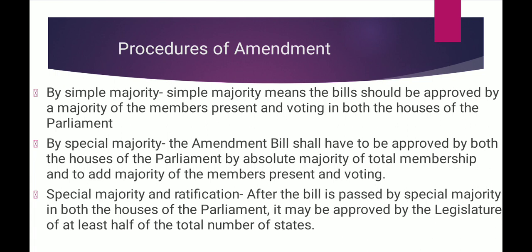Then number 2, that is by special majority. The amendment bill shall have to be approved by both the houses of parliament. The first option is an absolute majority of the total membership. And the second option, a 2/3 majority of members present and voting.